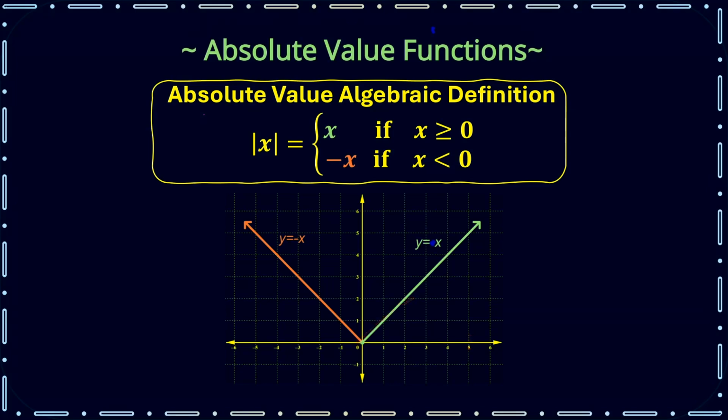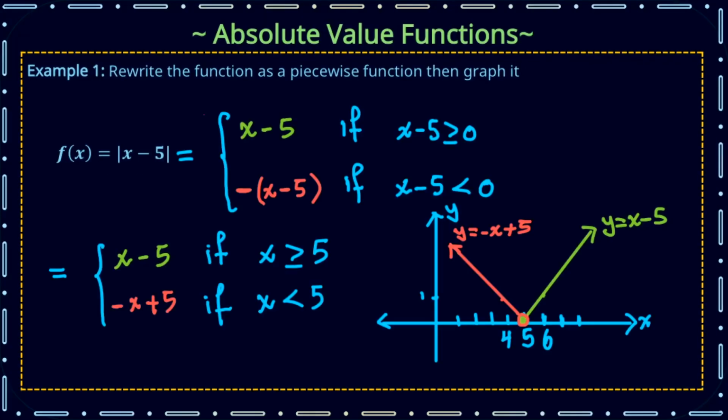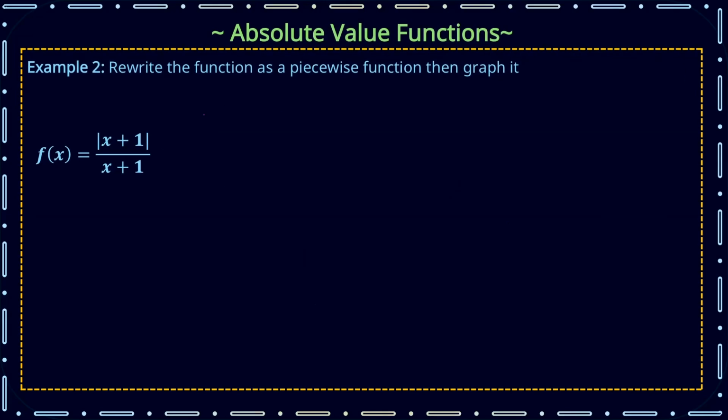So the same graph translated by 5 units will give you the graph that you see on the screen. You might say I can just use transformations, just move the V-shaped graph according to shifts if you know transformation rules. But let's look at the next example, which is a little different.